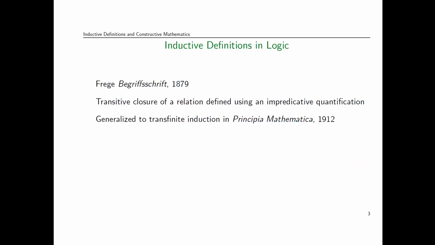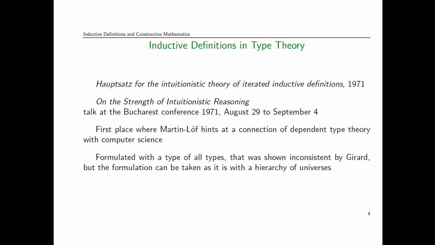Two references are Frege's Begriffsschrift, where Frege defines the transitive closure of relations, and this is defined using impredicative quantification. In Principia Mathematica, this was generalized to a transfinite induction process. There is a treatment of transfinite induction in Principia Mathematica, also with impredicative quantification.